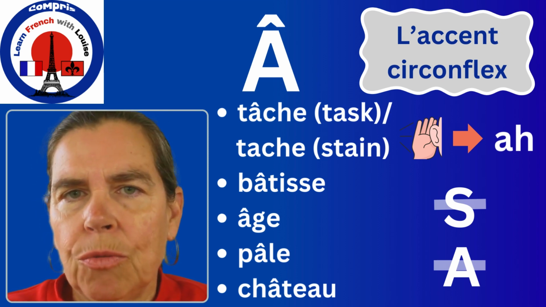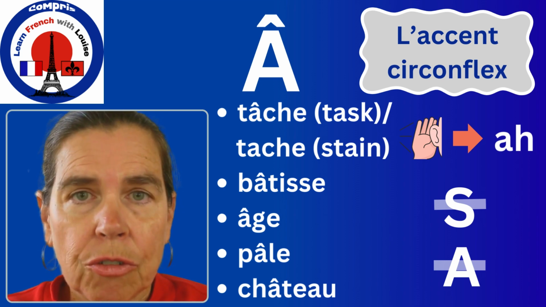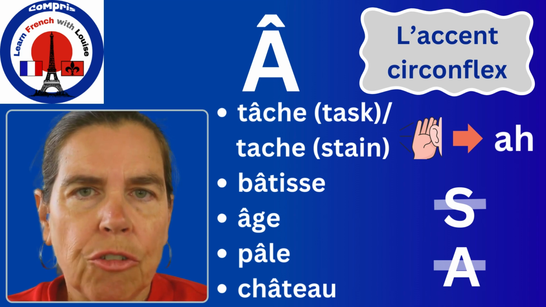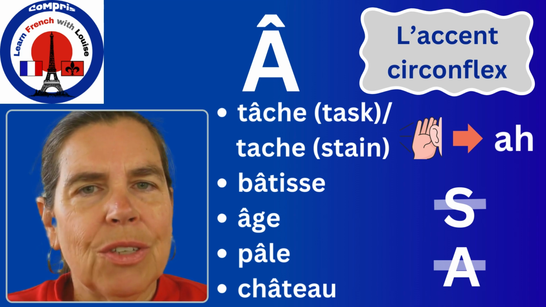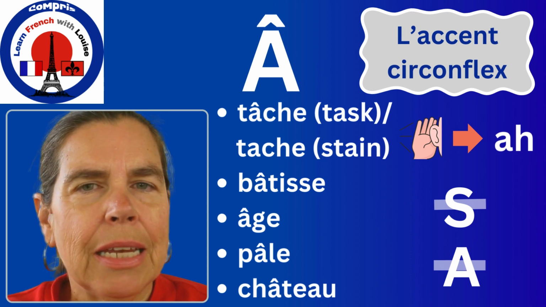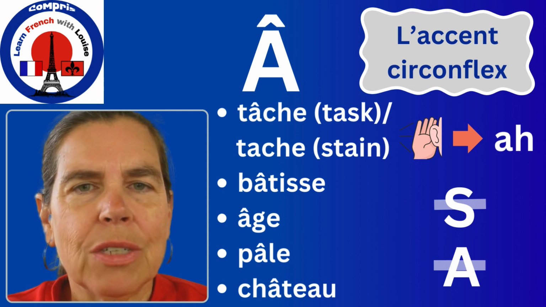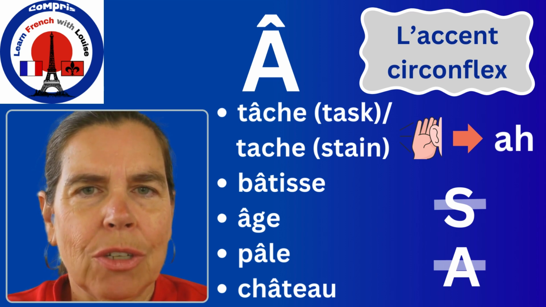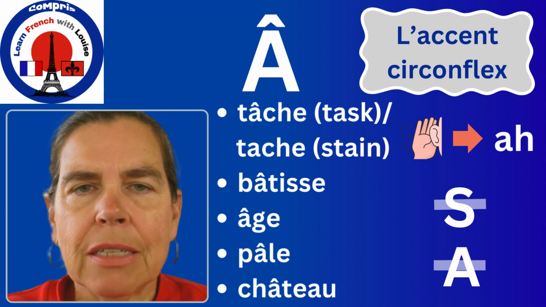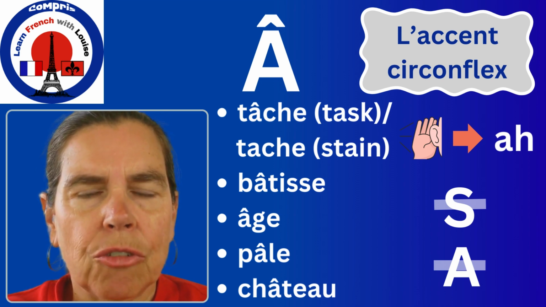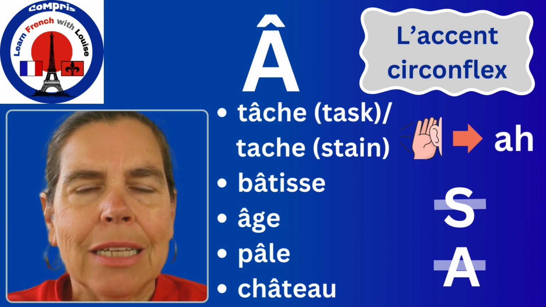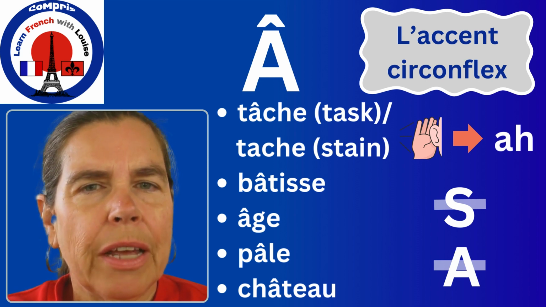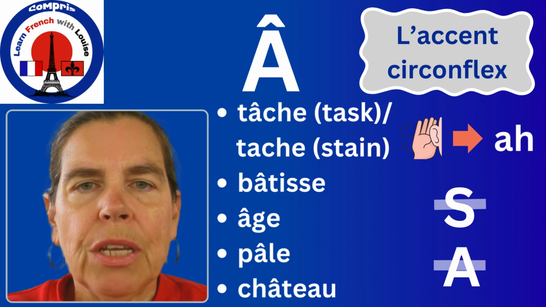With an accent circonflexe, the word tâche means a task, une tâche. Without the accent circonflexe, the word tache means a stain, and the sound is different. Listen closely. Tache, versus the task, tâche. So the accent circonflexe changes the sound of the letter and also changes the meaning of the word.